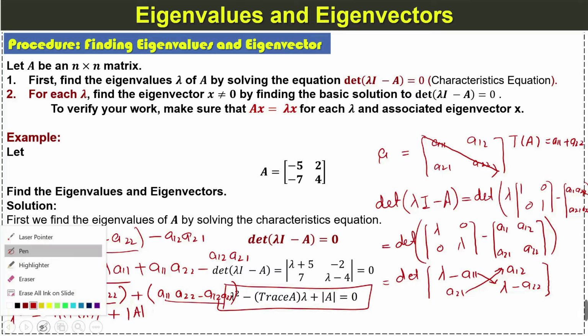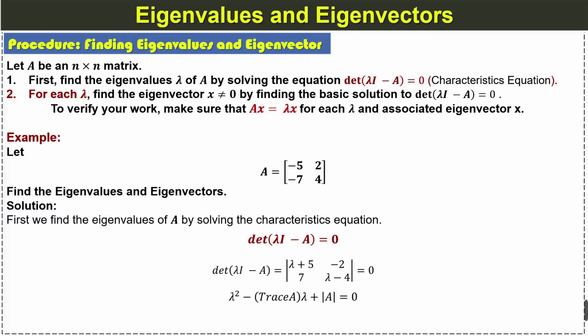Similarly, we can do it for a 3 cross 3 matrix, but I will prove the characteristic equation for a 3 cross 3 matrix in the next lecture. Here we can see that the trace of the matrix is minus 5 plus 4, which is equal to minus 1, and we know how to calculate the determinant of this matrix.